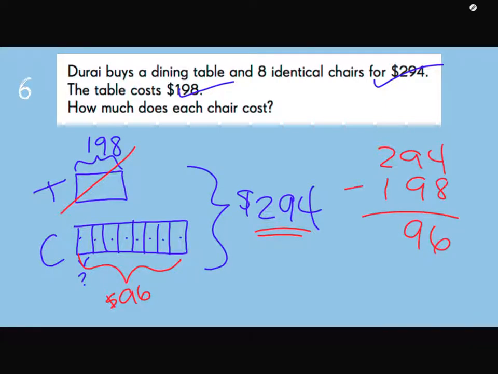So I have 96 surrounding 8 equal parts, which means that I can take 96 and divide it into 8 equal parts to find out what one part is. 96 divided by 8 is 12, so that means that one chair is $12, because 12 times 8 is 96. And then when I add 96 to 198, I get my original value of $294. So $12 for one chair.